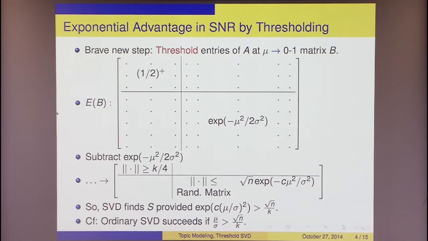Normal SVD would only win if the signal to noise ratio is root n over k, and now instead we only need an exponential in the signal to noise ratio squared, in fact, to be at least root n over k, right? So we get what seems like a big advantage, indeed it is, over what we can do with just SVD. So the moral of this story is thresholding, even if it's simple, can be quite nice and useful.